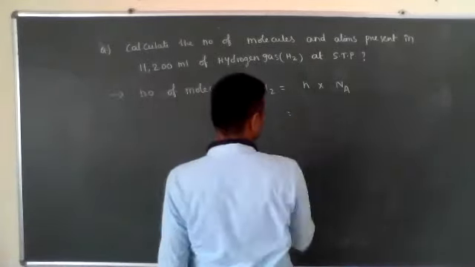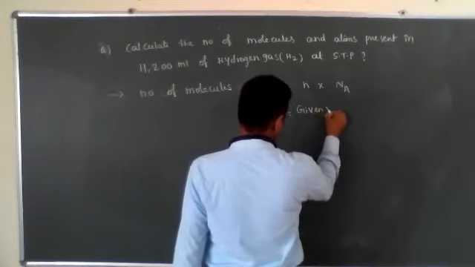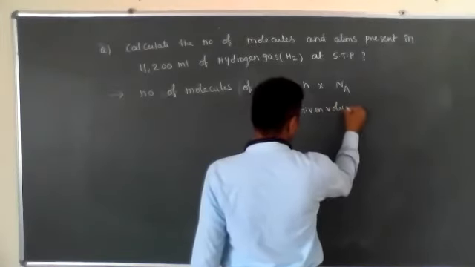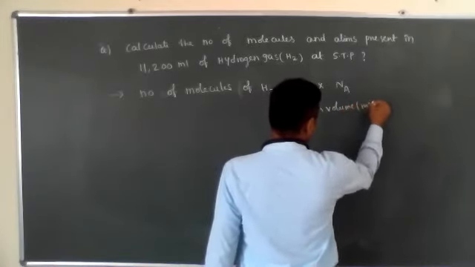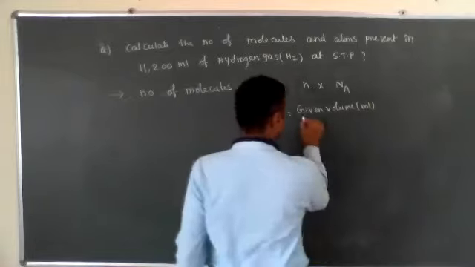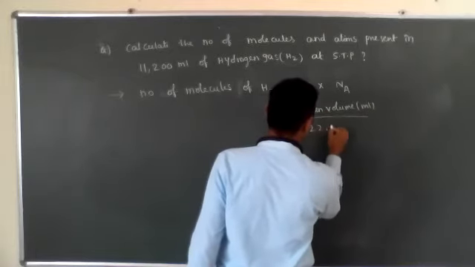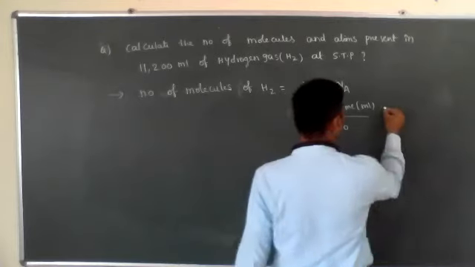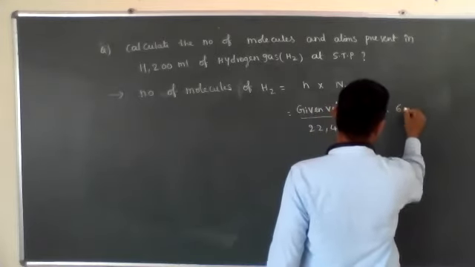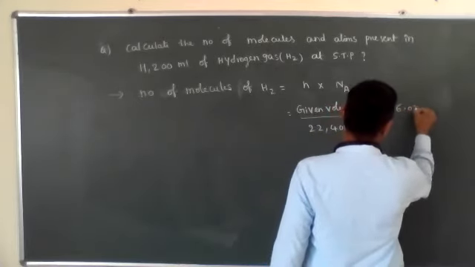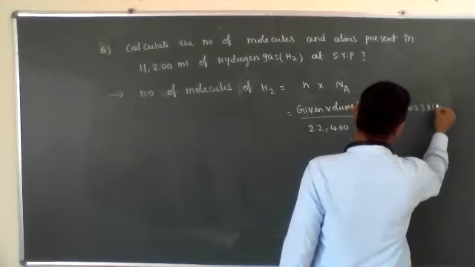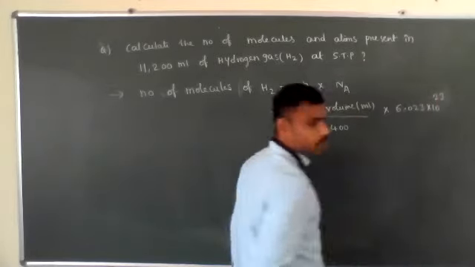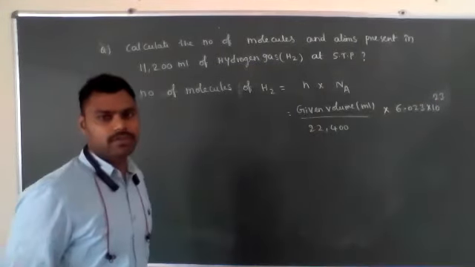Here is the formula: number of moles equals volume by 22,400, because the given volume is in ml, that's why the denominator is 22,400 ml. Then multiply by Avogadro number, 6.023 × 10^23.